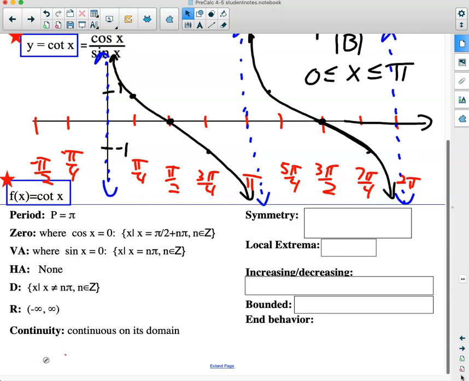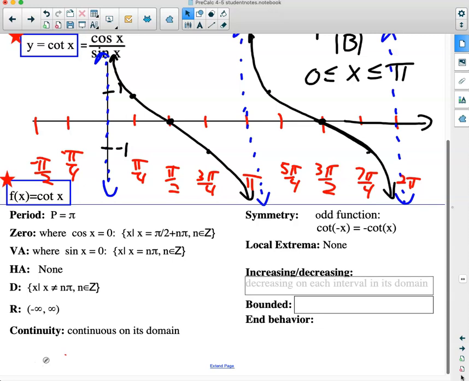Symmetry. It's an odd function, so we can't get rid of the negative. We have to keep the negative. Local extrema? None. Increasing and decreasing. Cotangent is decreasing on each interval in its domain. Tangent was the one that was increasing.